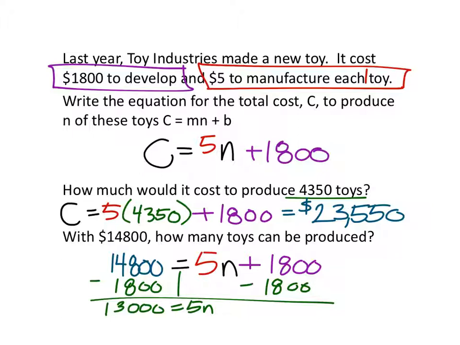And I don't want 5 of these toys, I want just one of them, so I'm going to divide both sides by 5. And what do we get out of that? 2,600. However, and this would just be for the exam though, if you wrote 2,600, you would lose 1 point. Because it's a word problem. Toys, there you go.